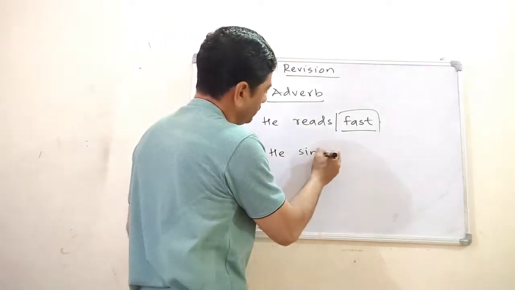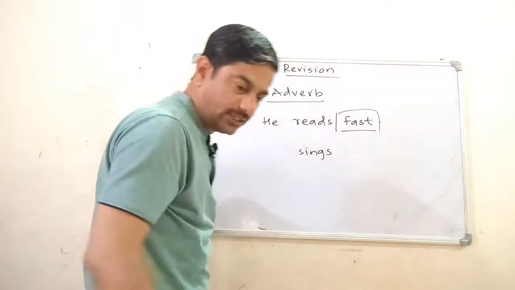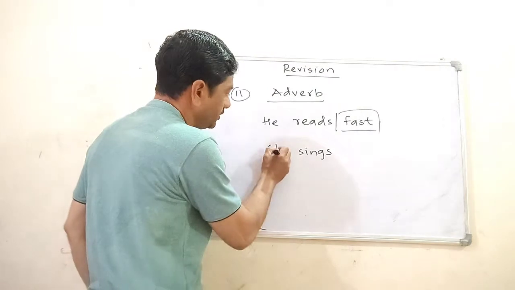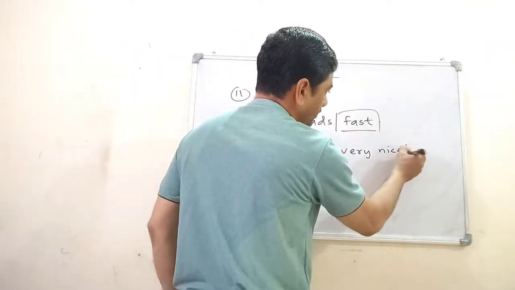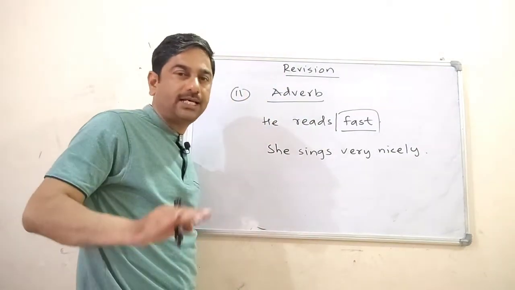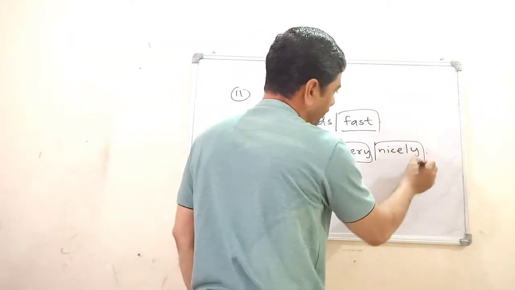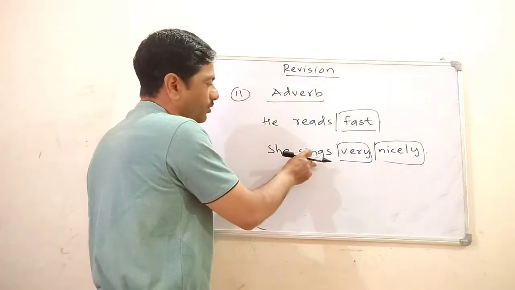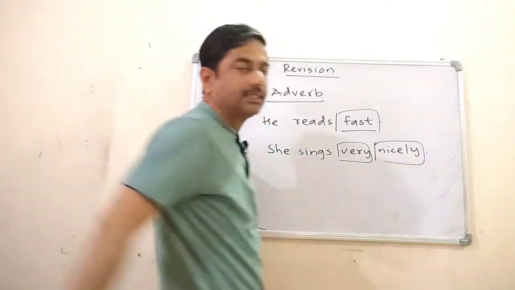She sings very nicely. So here in this sentence there are two adverbs, very and nicely. Nicely is modifying the verb sings, and very is modifying nicely.